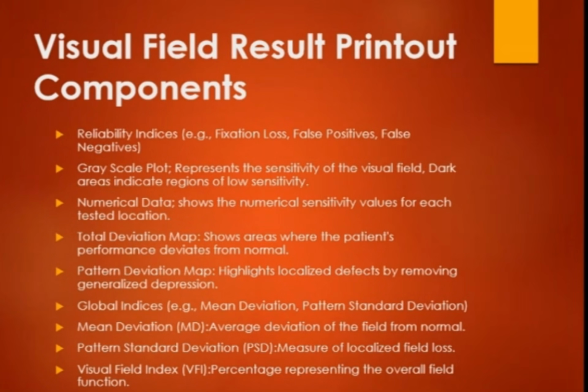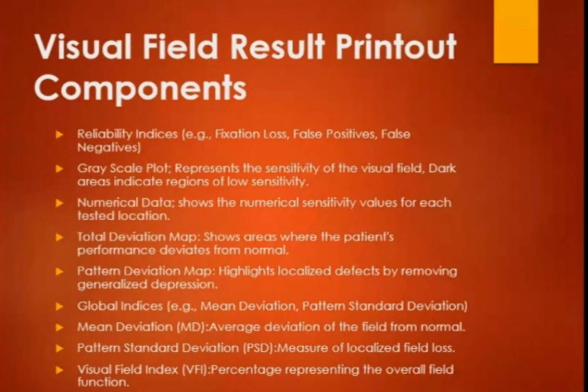So for the reliability indices, some authors call it the catch trials. Before you even think of interpreting a visual field result, you should first look at the reliability indices to know if you are supposed to go ahead with the interpretation or maybe resend for another test.